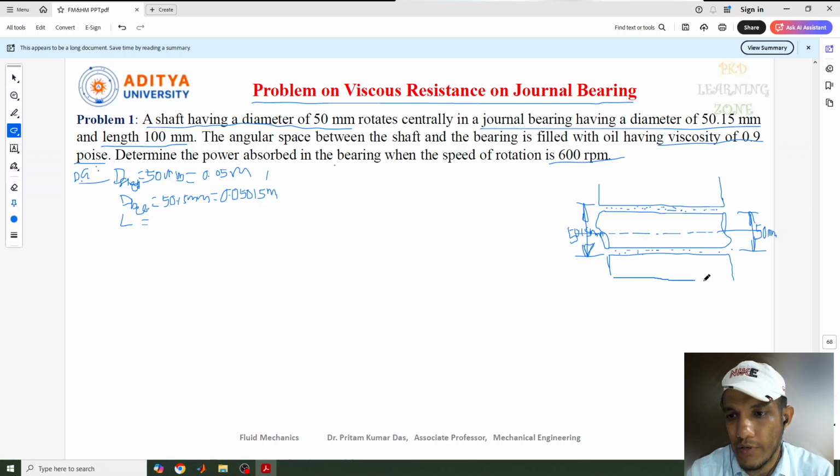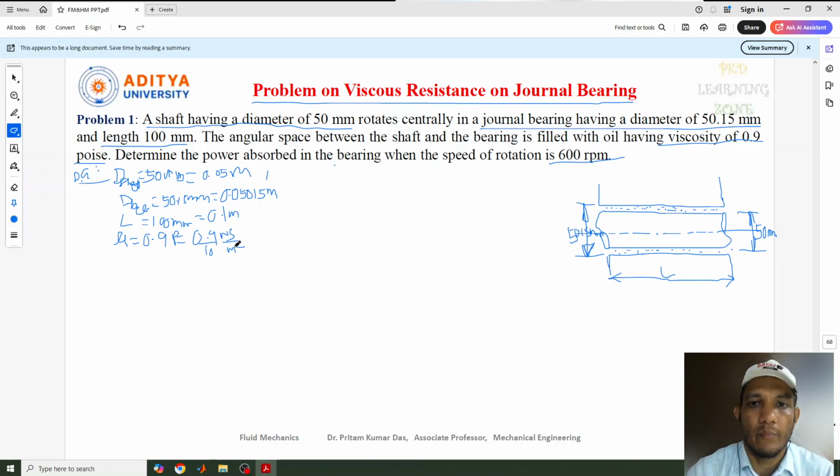And next is the length of the bearing. That means from here to here, what is the distance covered. Actually, the bearing can be the full length of the shaft or maybe half length or partial length, anything can be possible here. This is given as 100 millimeter, which again we can write as 0.1 meter. The viscosity of the oil is given, mu equal to 0.9 poise, and this also we can convert into Newton second per meter square, that means divided by 10, so 0.9 by 10 Newton second per meter square.